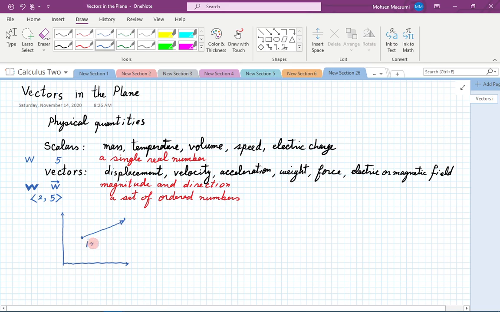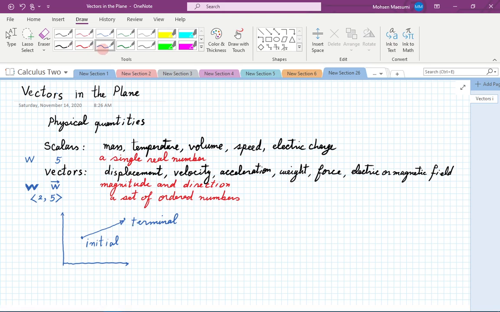So this is going to be the initial point and this is the terminal point. Sometimes you might refer to it as a start and end, or some other similar terminology. So when I go through this displacement, I create a displacement vector.